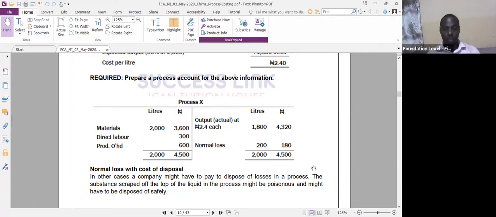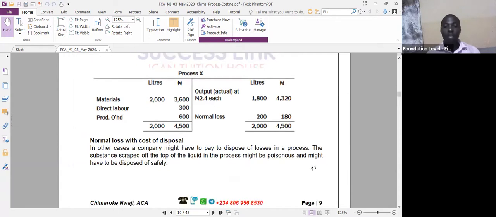All right, so it means that your normal loss has a recoverable value. That means the scrap value of 180 is what is recovered. That is how we are going to do it. So you ask yourself each time there is a normal loss, is it recoverable?